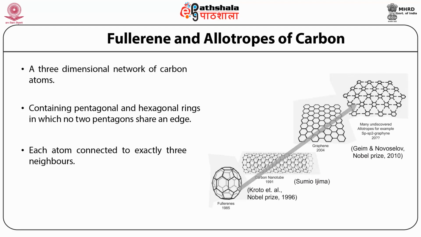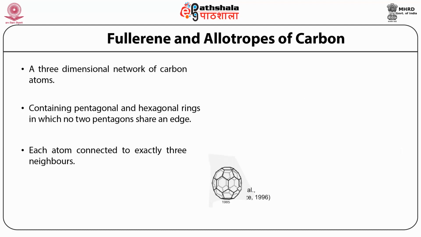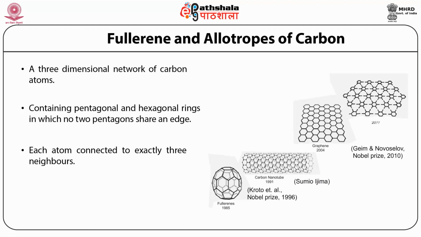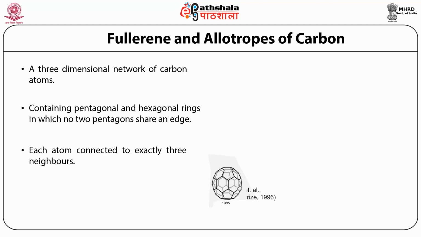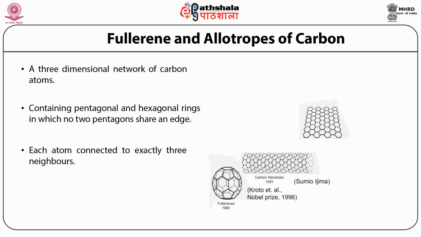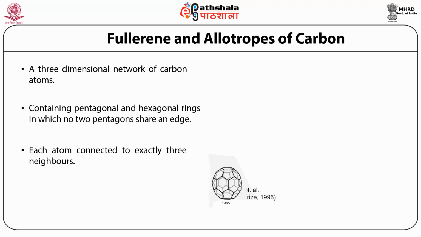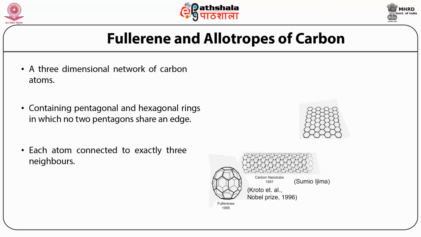Again, a very recent discovery came in 2004: graphene. If you take a single layer of graphite with sp2 hybridized structure, the sheet which we get, one atom thick, is nothing but graphene.